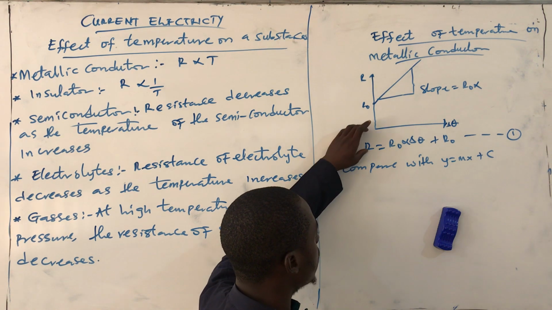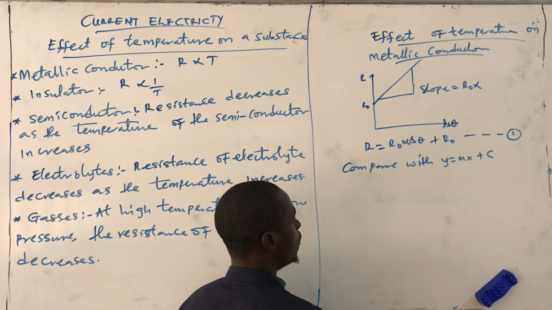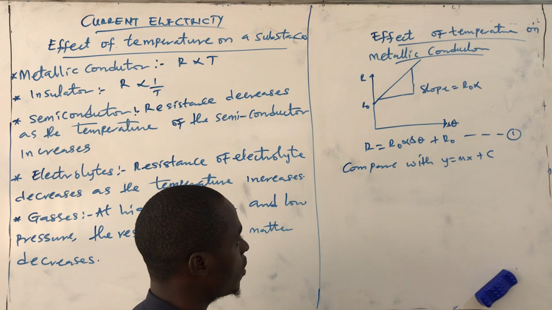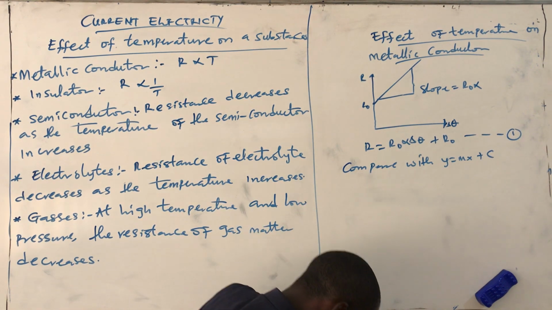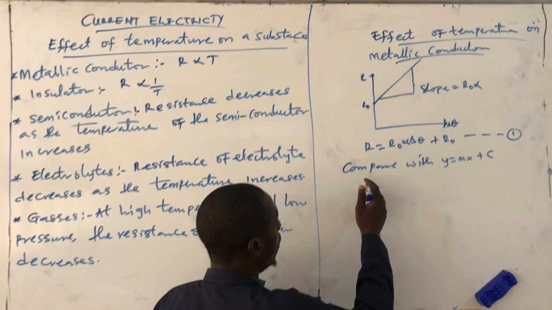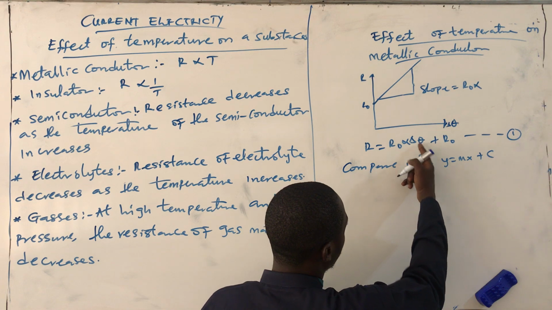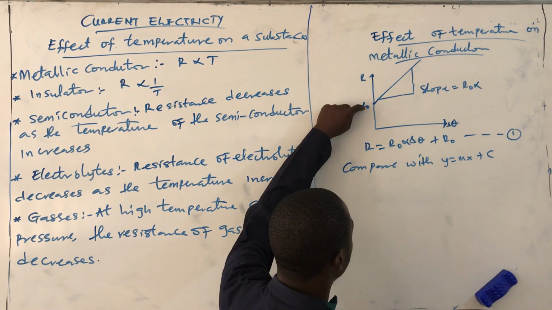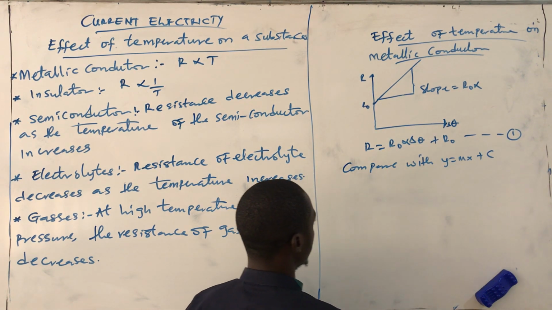If you compare this equation 1 with the equation of a straight line, y equals mx plus c, our y is the same thing as the resistance, c is R naught, that's the intercept, and the x is change in temperature.